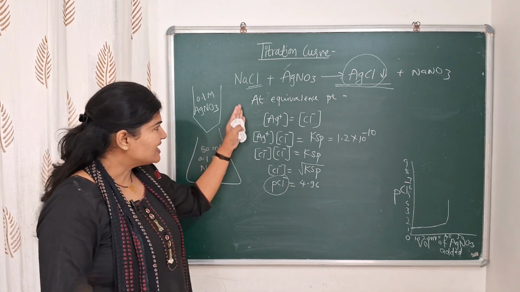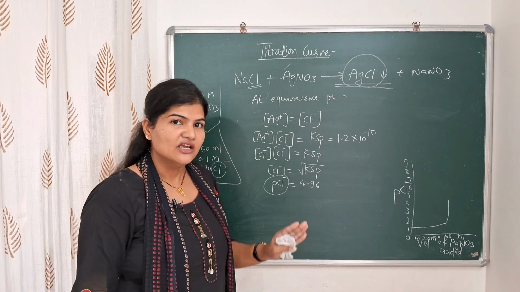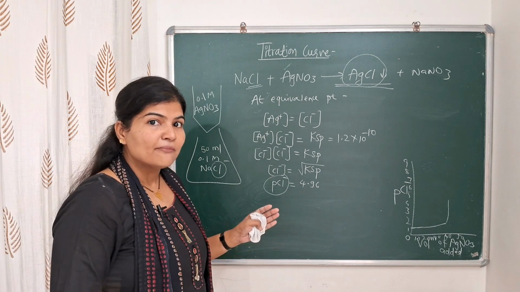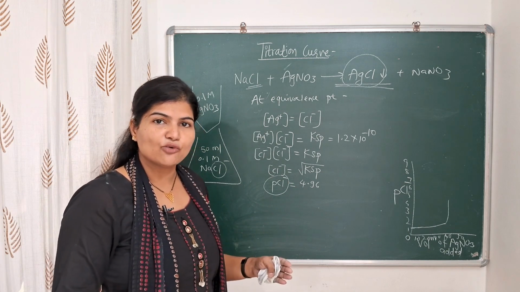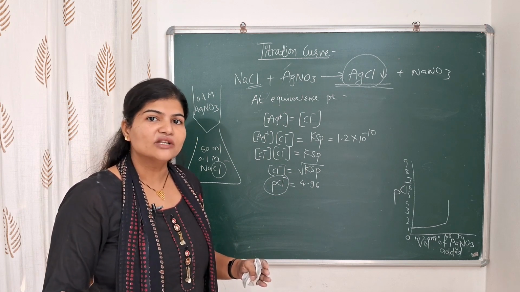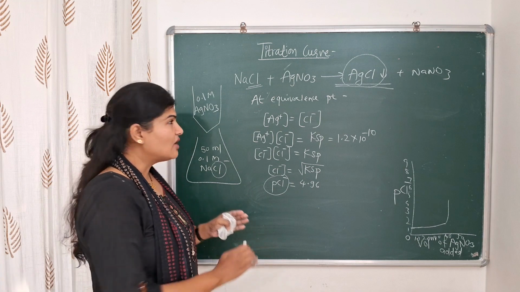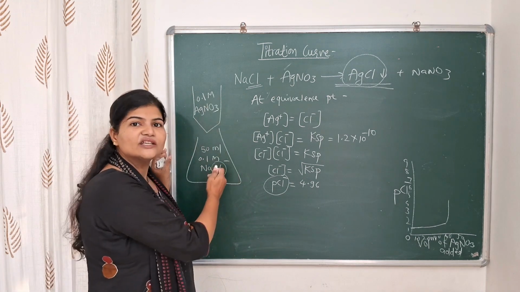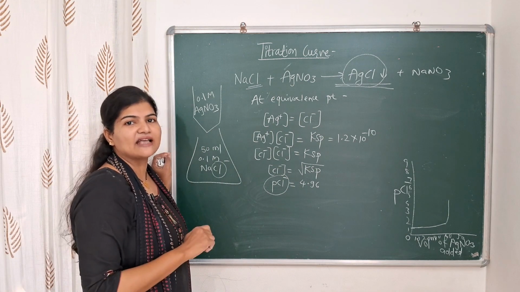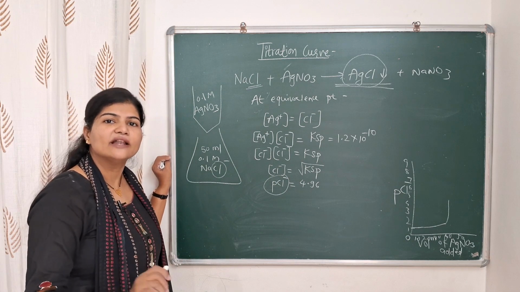So what we have done so far is we have used the chloride ion concentration. We have used the simple formula, molarity into volume upon total volume. But now after equivalence point, we cannot calculate chloride ion concentration because it is no more in excess. It has been precipitated. So now after addition of excess AgNO3, I have to decide the concentration of Ag+ ions, and I will use the solubility product equation to calculate it.